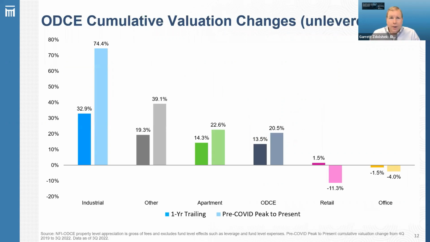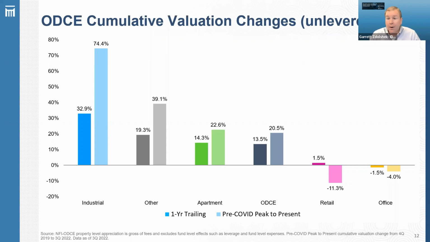But I'll give you some food for thought on that in a minute. In total, though, over the last 3 years, I want to look at going into COVID, where were values and what have returns been after that. The reality is, if you look at the pre-COVID peak to present, the lighter shade of each sector, and again, this is unlevered asset level, industrial has gone up 75%, while the ODCE market as a whole is up 20%.